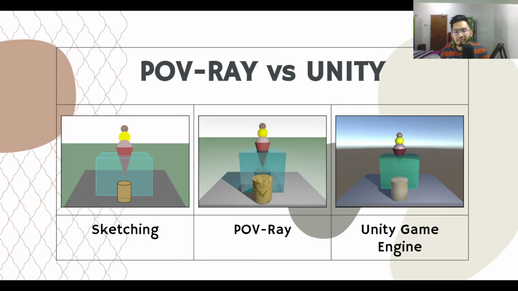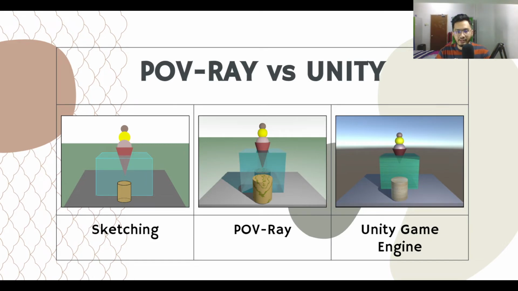But in the Unity game engine, they just reflect the texture of the cylinder wood. Basically, Unity is more or less the same as Porphyry, but the shadow of the objects is more realistic compared to Porphyry.